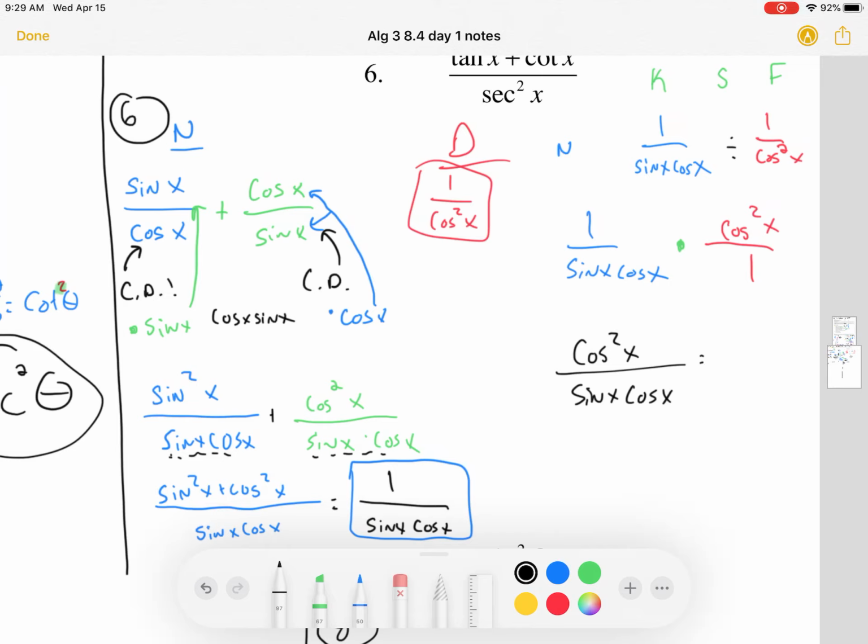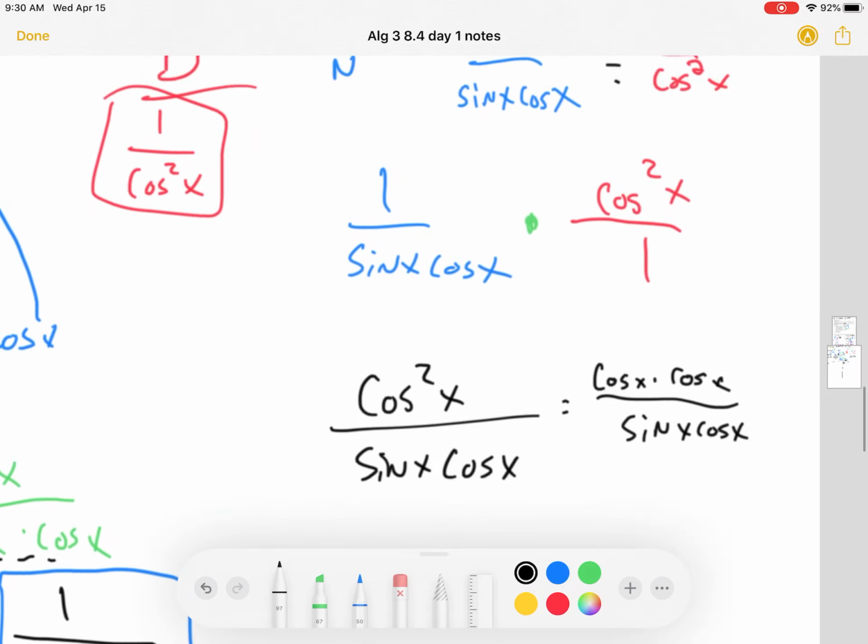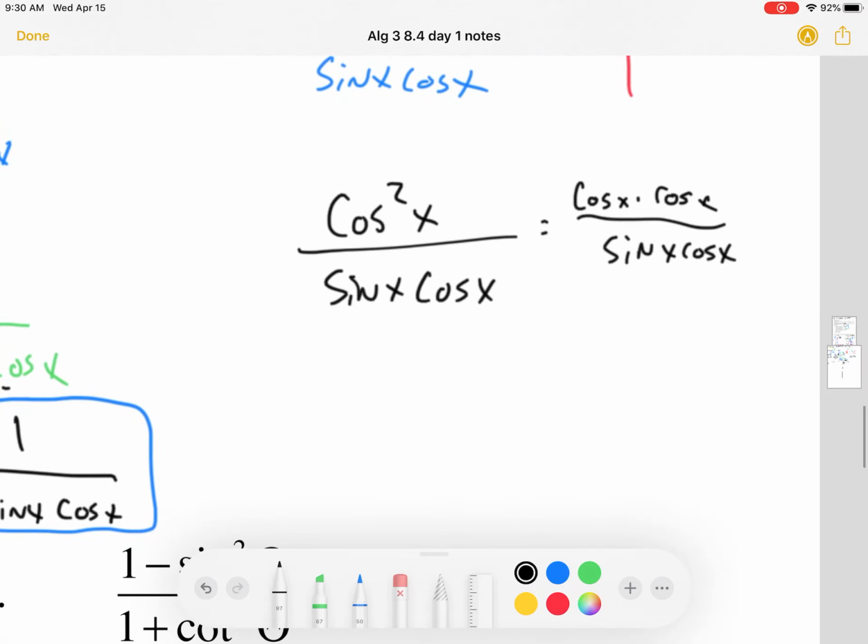Now remember, cosine squared x, like 3 squared is 9, you get that by 3 times 3. So cosine squared is cosine of x times cosine of x over sine of x, cosine of x. Well, now I have a cosine on top, a cosine on bottom. These cancel out. What's left?